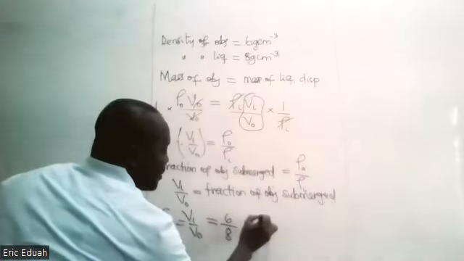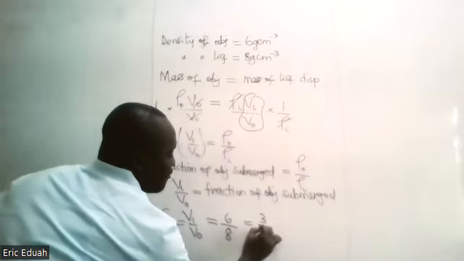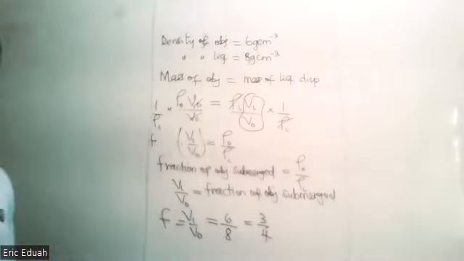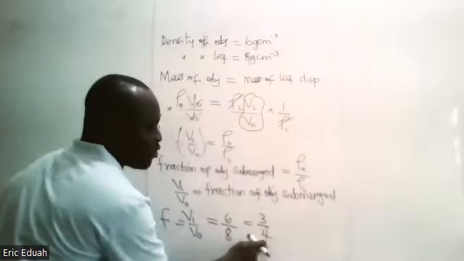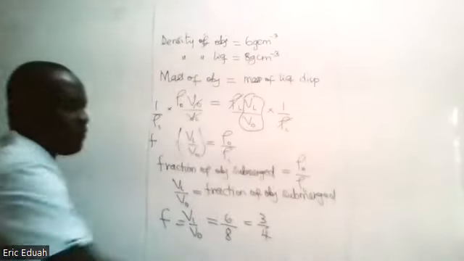And this is equal to 3 over 4. So the fraction of the object submerged is 3 over 4.